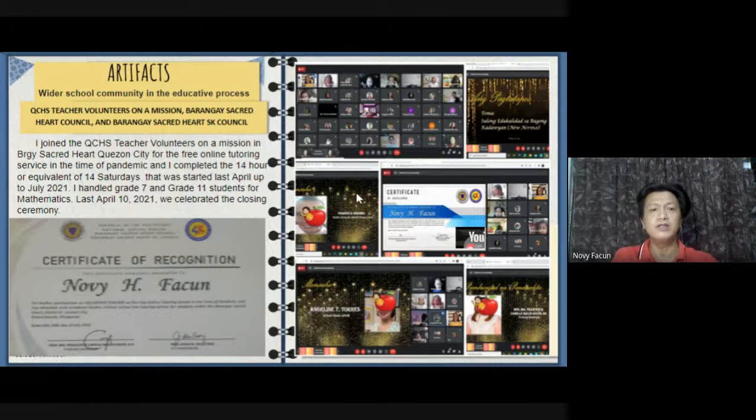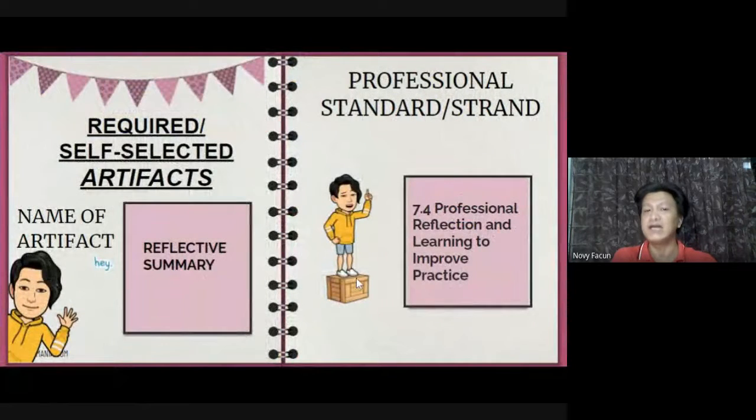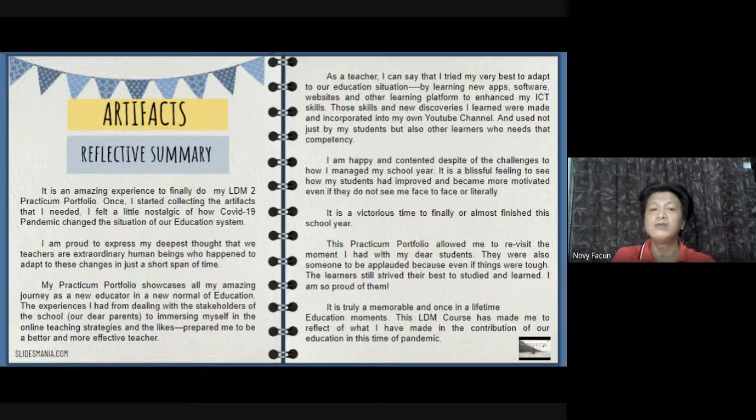Okay, and also another, we have the self-reflective summary. Syempre makikita natin dyan yung ating professional reflection and learning to improve practice. Ayan. So, attachment ko dyan, syempre, the artifact is the reflective summary. It is truly memorable and once in a lifetime education moment.